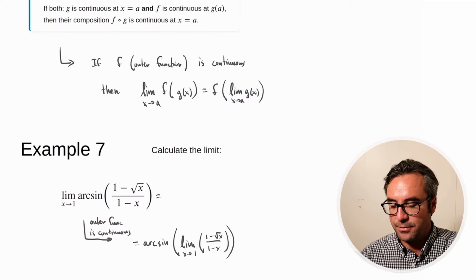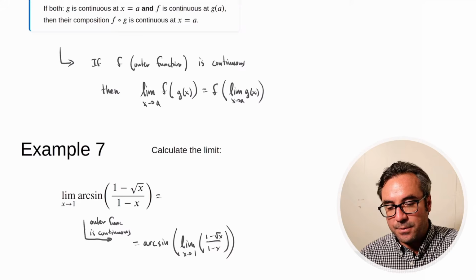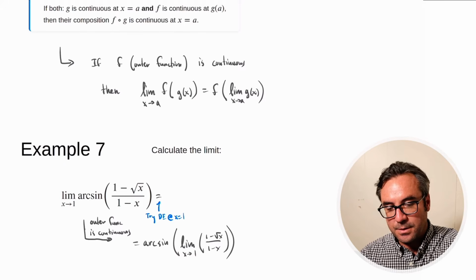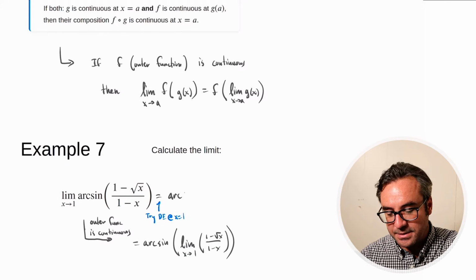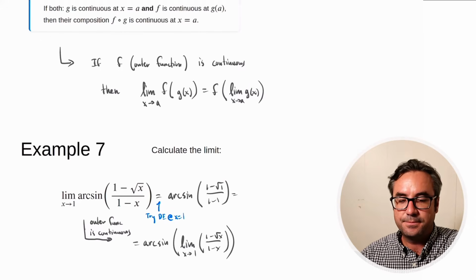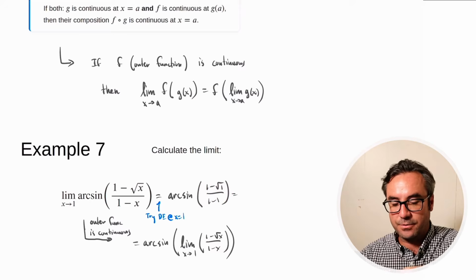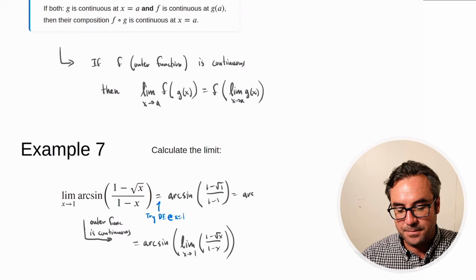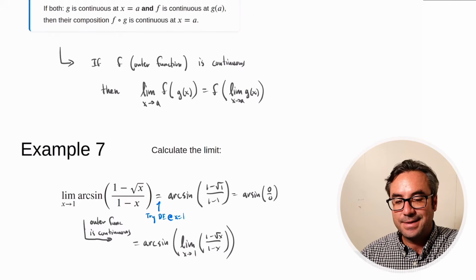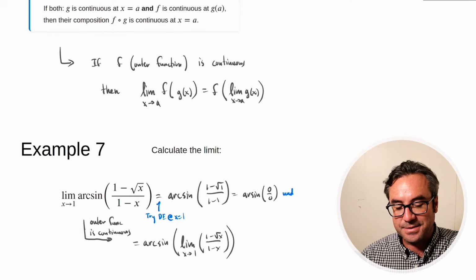So let's try direct evaluation and see what we get. We're plugging x equals 1 into the entire thing, and we end up with 1 minus square root 1 over 1 minus 1, and that's no good. We've got 0 over 0 there. It's undefined. So this is what the expression would look like, except that's undefined, so we're kind of stuck.